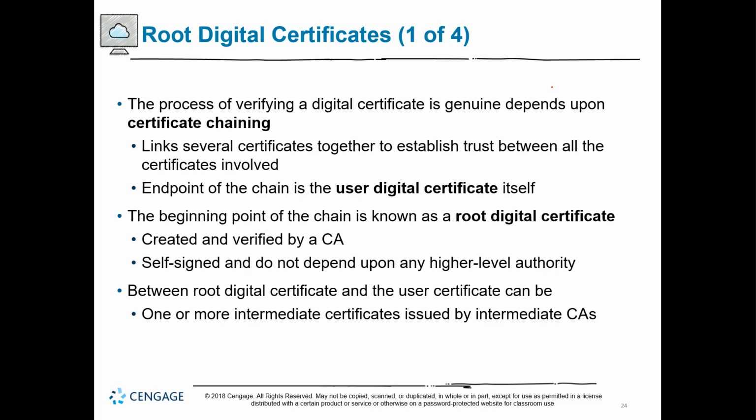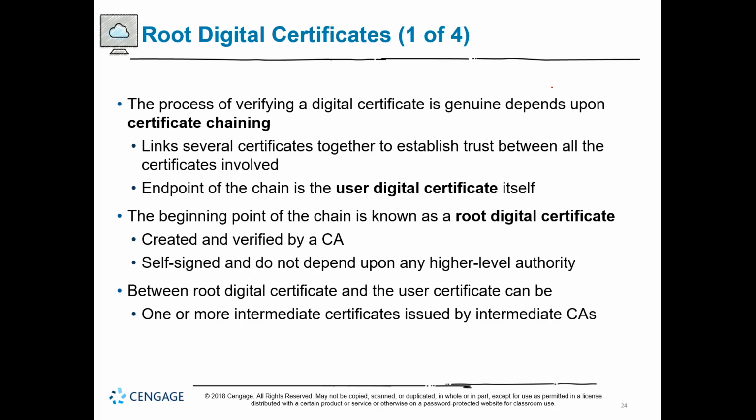So a root digital certificate is going to be the top level. And this process of verifying the digital certificate is genuine depending on who is the root. There is a chain that documents the trust.